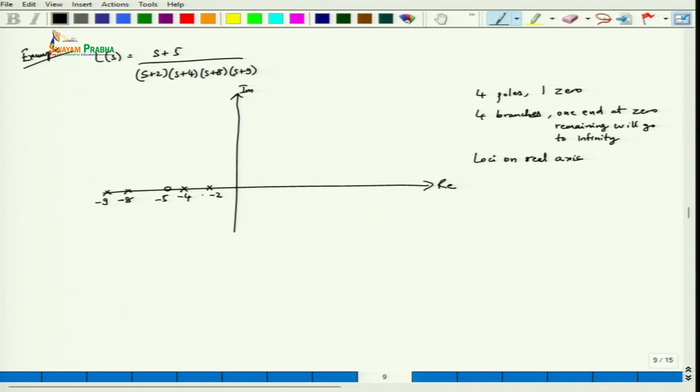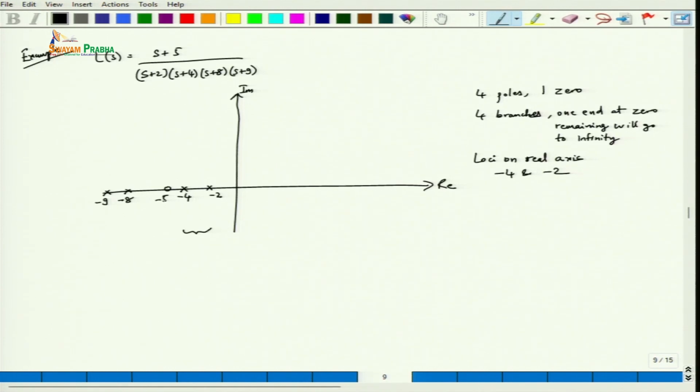When between -2 and -4, what you will see is there is an odd number of poles on the right side. So basically this segment is a part of the root loci, the part between -4 and -2.